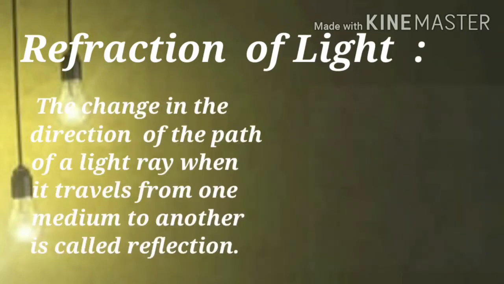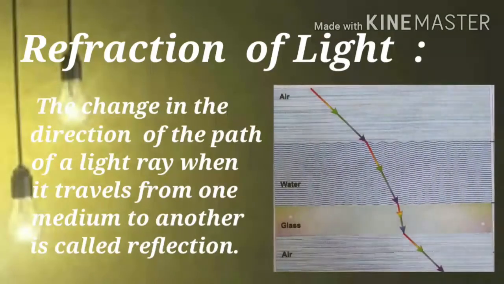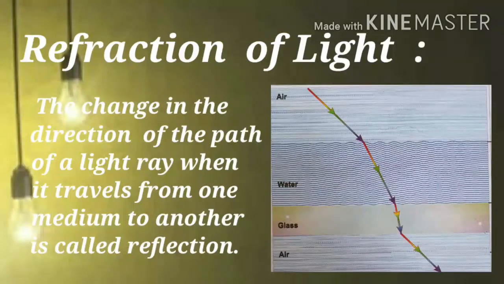So what is it? The change in the direction of the path of a light ray when it passes from one transparent medium to another is known as refraction. Okay, I'll repeat. The change in the direction of the path of a light ray when it passes from one transparent medium to another is called refraction.